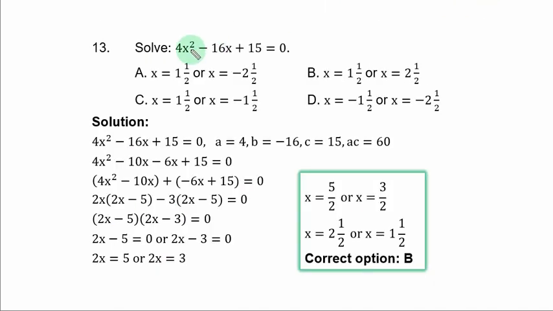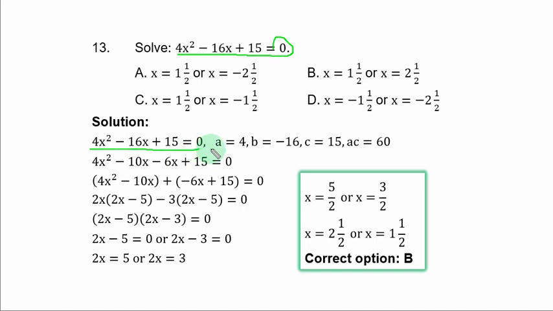Question 13. Solve 4s squared minus 16s plus 15 equal to 0. Let us compare the given equation with the general quadratic equation as squared plus bs plus c equal to 0.